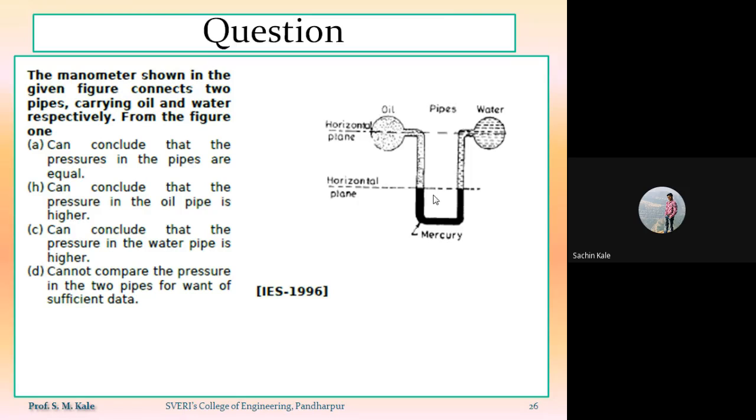From the figure, one can conclude that pressure in both pipes is equal, or one can conclude that pressure in the oil pipe is higher, or one can conclude that pressure in the water pipe is higher, or one cannot compare the pressure in the two pipes for want of sufficient data. So this is the question which was asked in IES 1996.